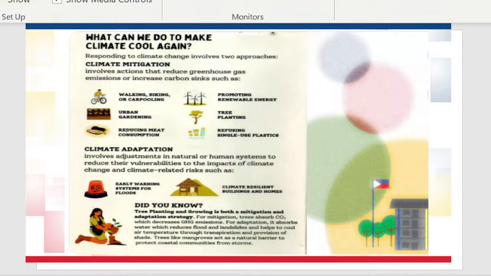Trees, like mangroves, act as natural barrier to protect coastal communities from storm surge. Basically, these are the concepts that need to be integrated when making a lesson plan with CCAM integration.